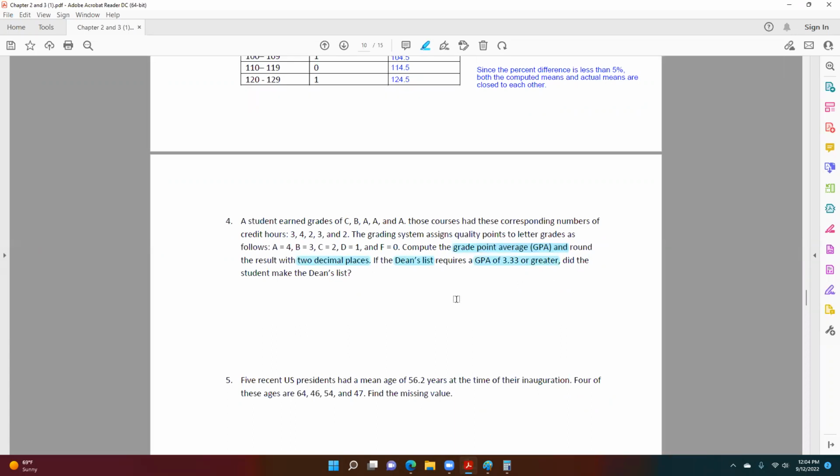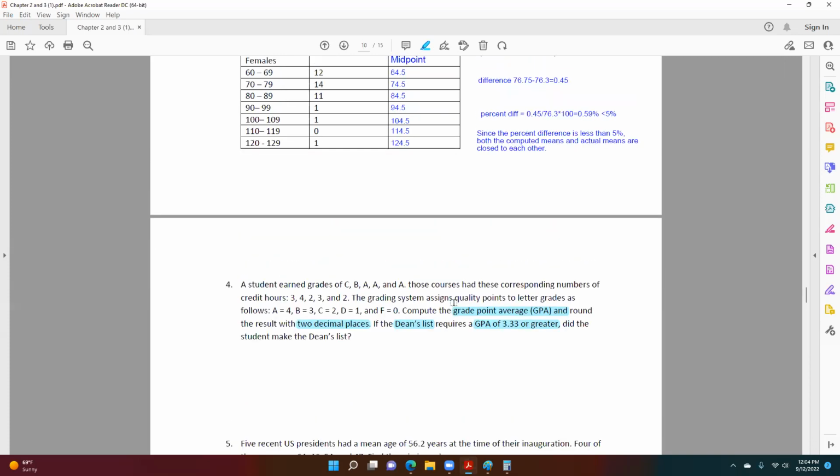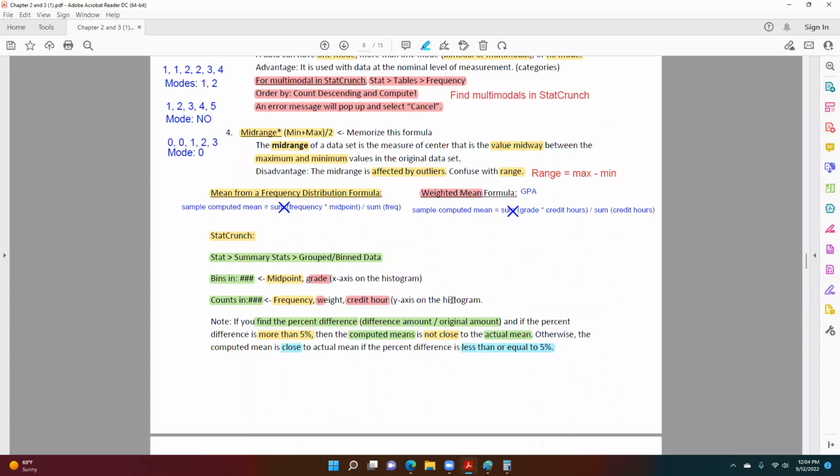So how do we find this GPA? What you need to do, class, is in order to find the GPA, you have to put your grades into StatCrunch and credit hours into StatCrunch.